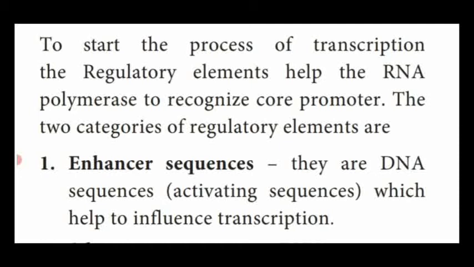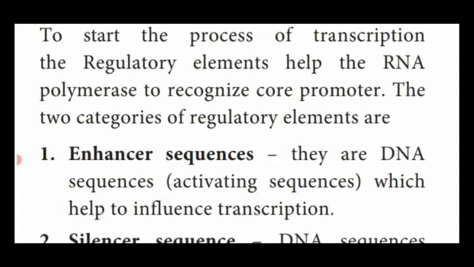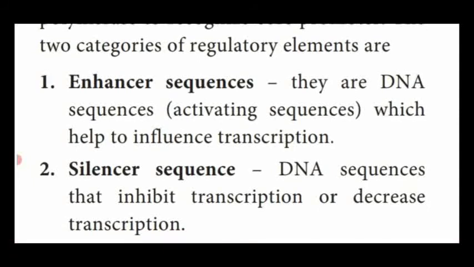These regulatory elements are divided into two categories. One is enhancer sequences. Another one is silencer sequences. Enhancer sequences are DNA sequences which help to influence the transcription. That means what?